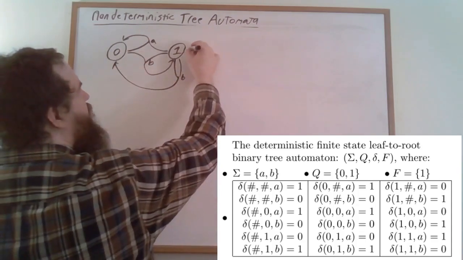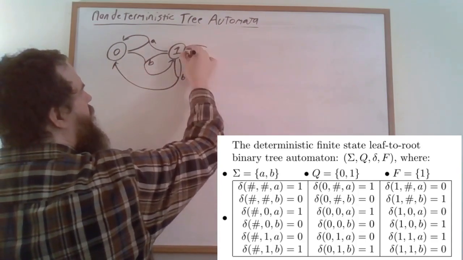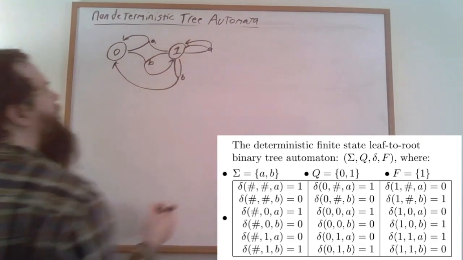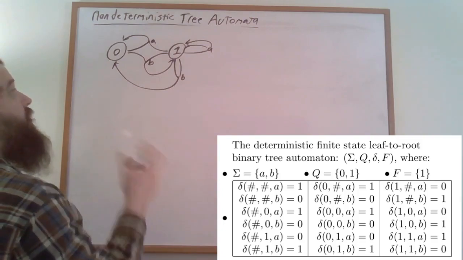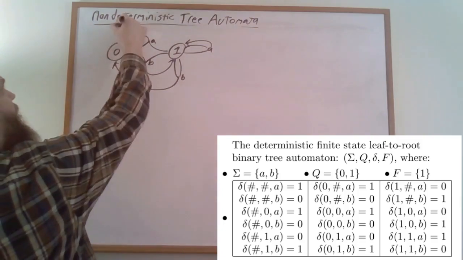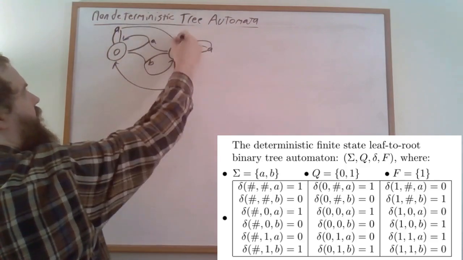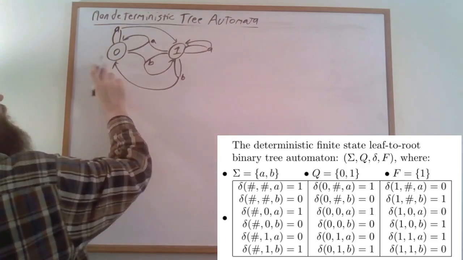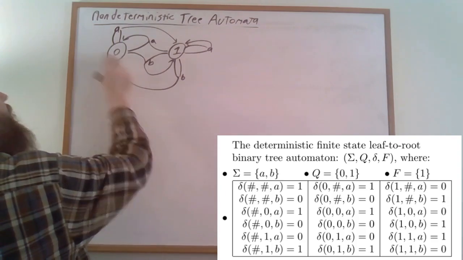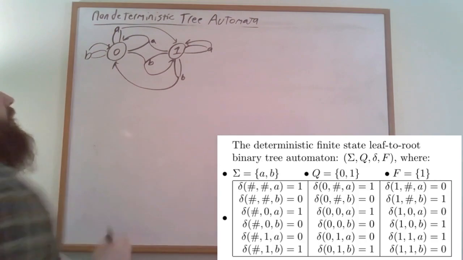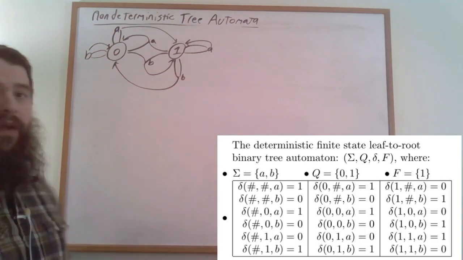If we have two child nodes in state 1 and we read an A, we're going to want to stay in state 1. If we have two child nodes in state 0 and we read an A, we're going to want to go into state 1. And if we have two child nodes in state 0 and we read a B, we're going to want to stay in state 0.